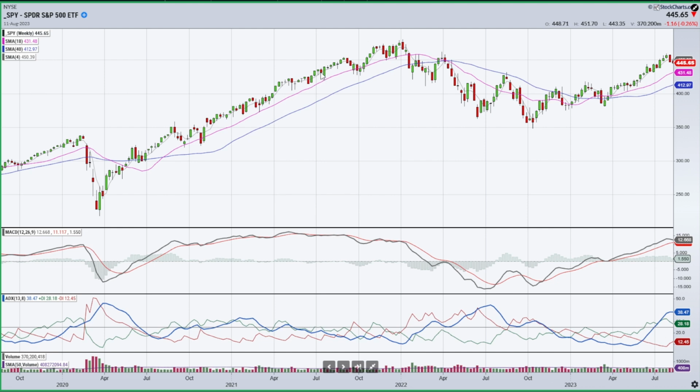Now, I use the moving averages to help determine and define the trend. That's what I use them for. I use the ADX to determine how strong that trend is.